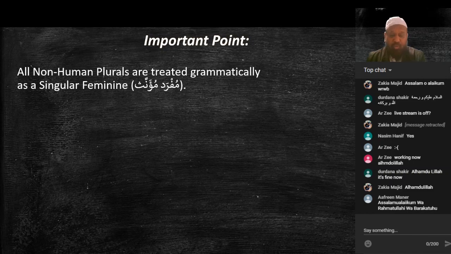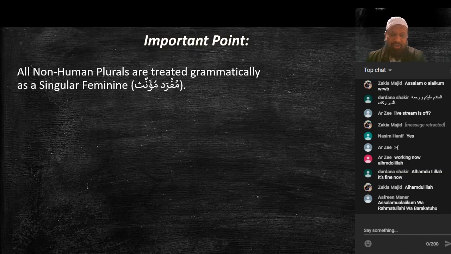Although it gives us the plural meaning when we translate, grammatically we will treat it as mufrad muannath. This is a very important point to remember, so we can apply it later when we make sentences.